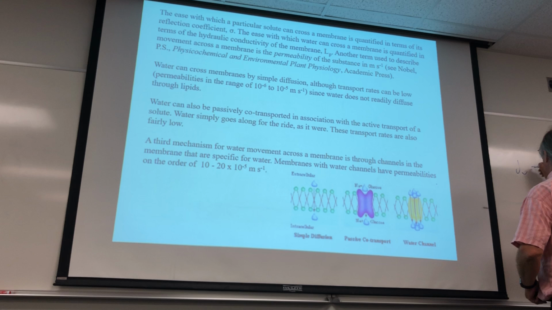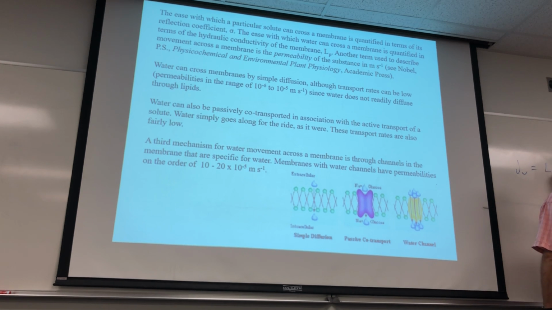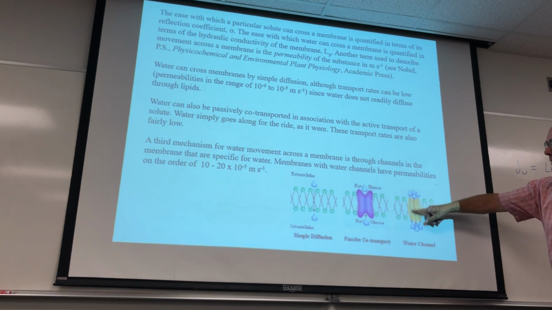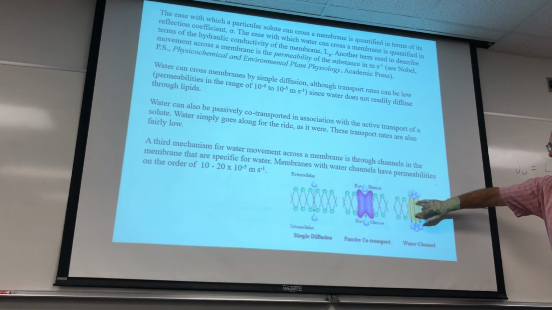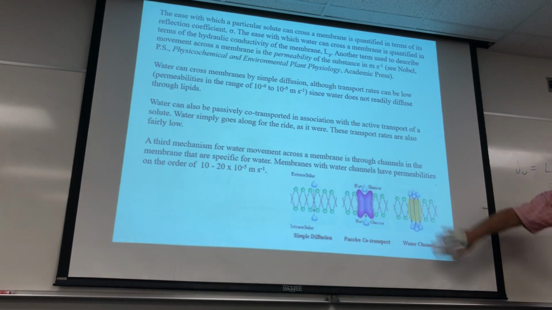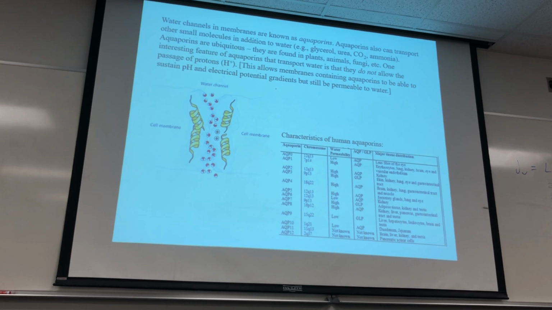So we have this flux of water, L times the difference in the total potentials. That is how the plant can alter this term in the equation: by the expression of genes that code for these protein channels in the membrane, the aquaporins. Aquaporins are ubiquitous, all over the place, in all kinds of membranes.